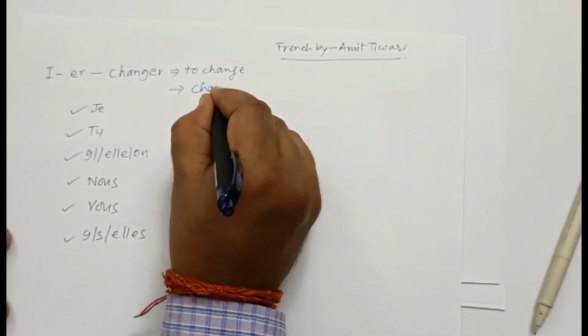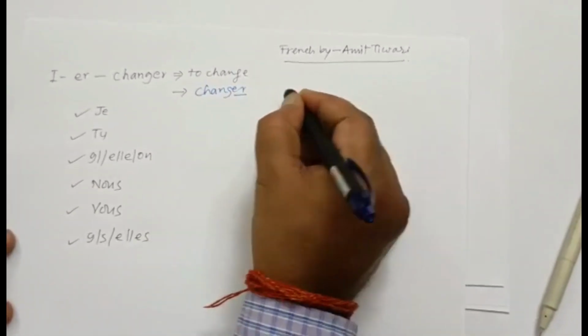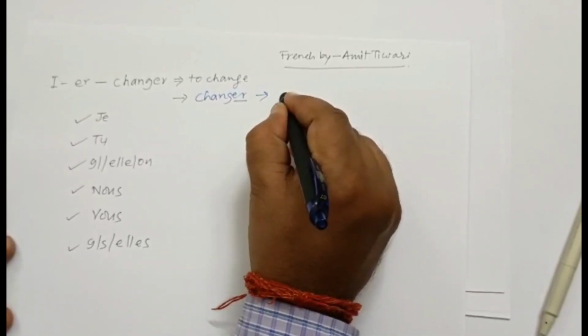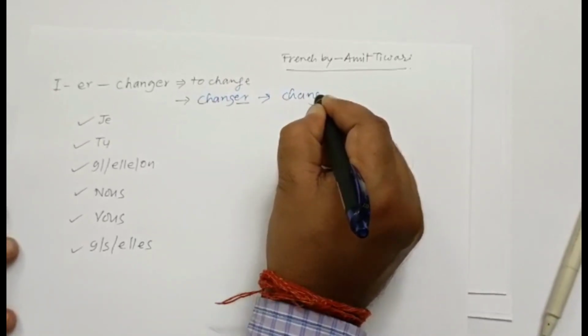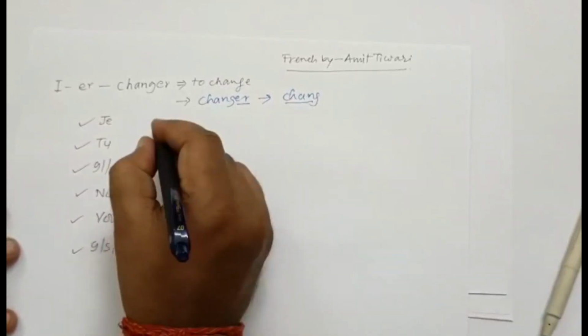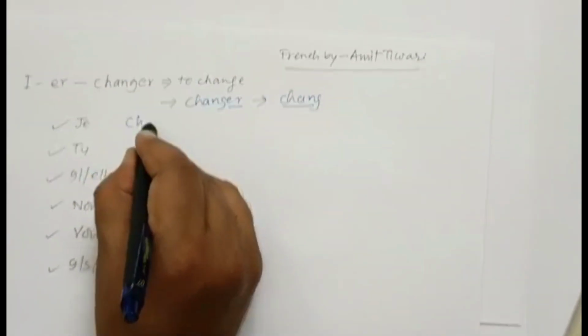So if we are writing any verb, we first detach er from the verb, and then this will be the root of the verb. Then the endings are added like that.